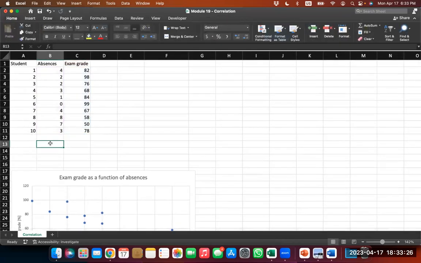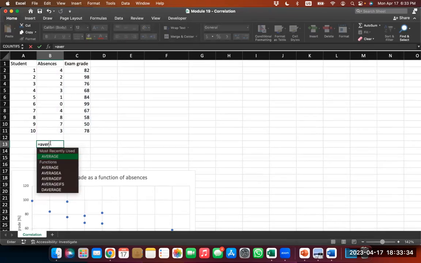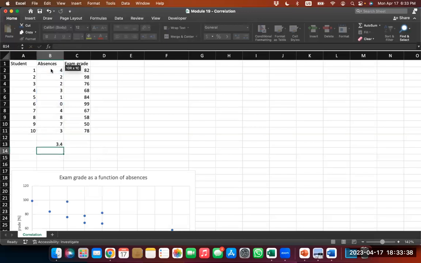So we have one population, we have 10 sample students. We're calculating now the average of these 10 students' absences. That's our average.